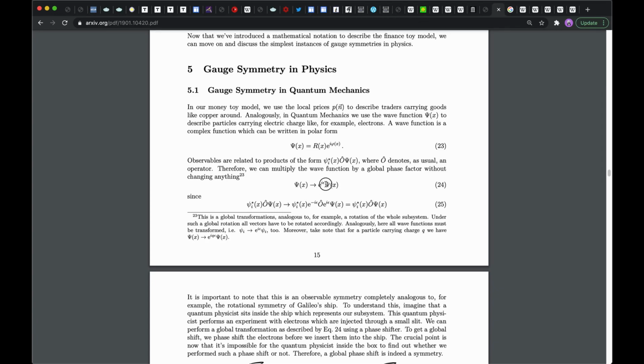if we complexly rotate our wave function with some fixed constant epsilon, then that effect will not be observable, because those exponentials just cancel out, and you will have as a result the same expression here.